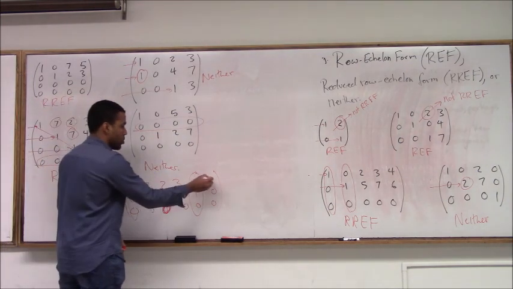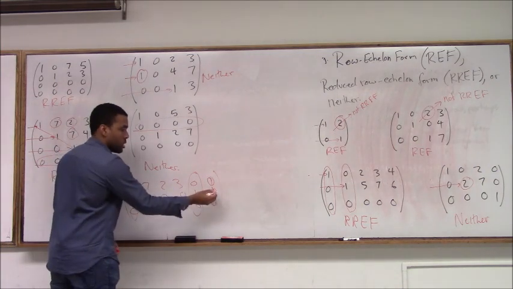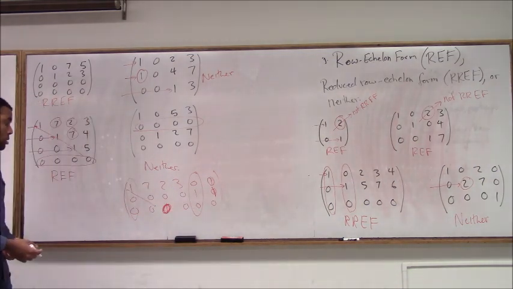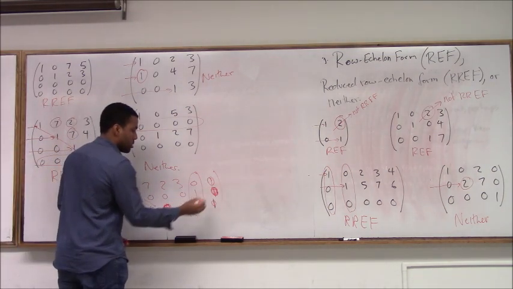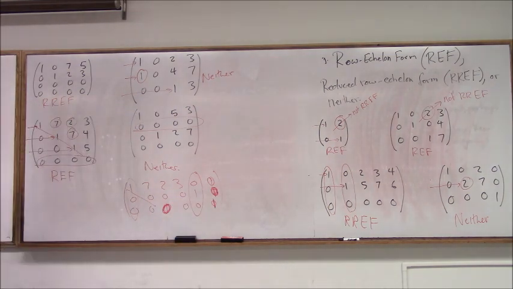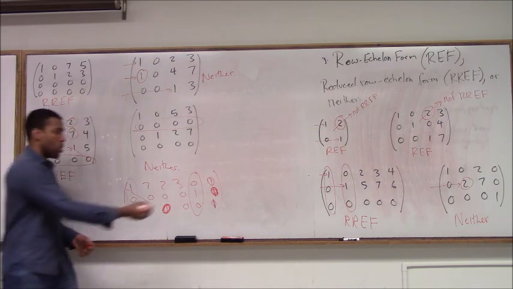If that one was a 0, it would not matter. If there was a 1 down here and this was 0, it would still be reduced row echelon form, and that 1 would be the pivot.